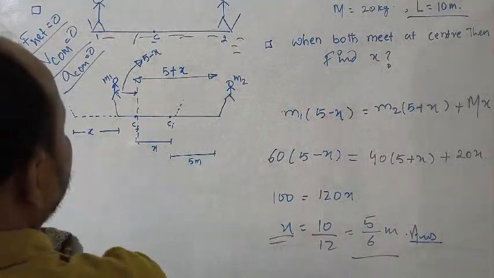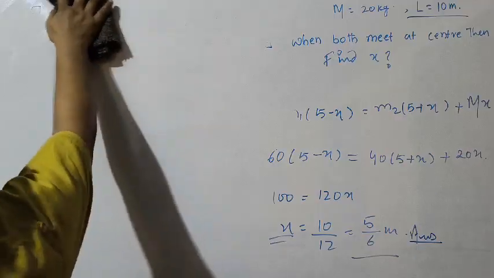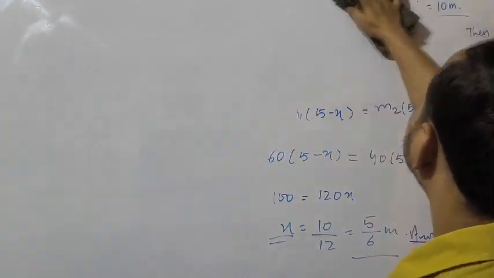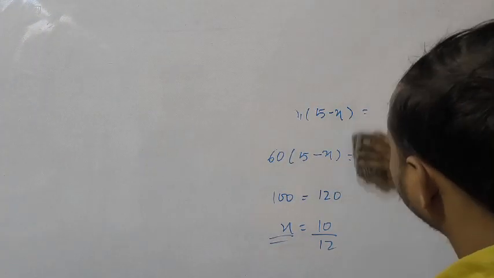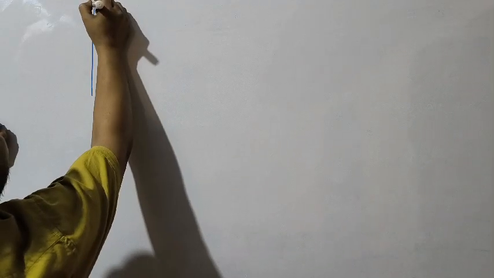Let's see. Let's say a wedge is there, an inclined wedge is there.